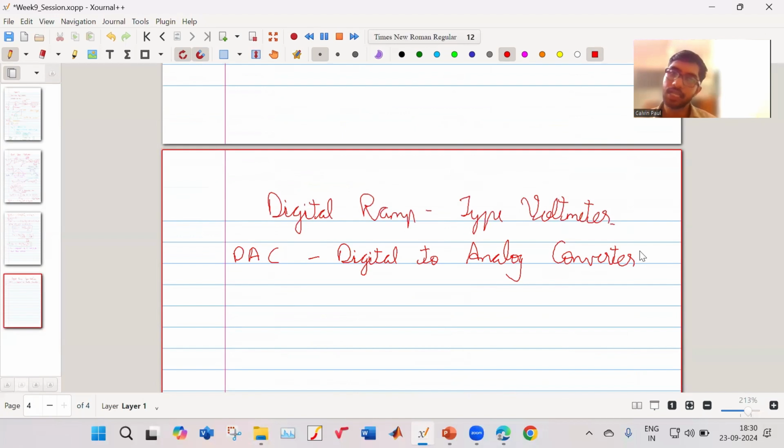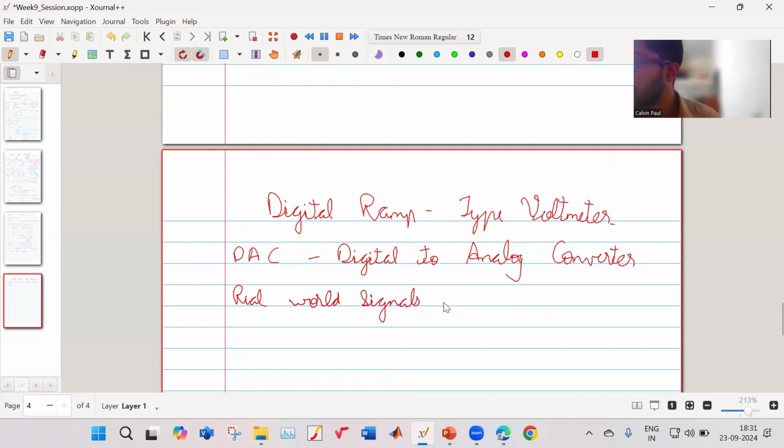Now, in real life, signals like your voice, your sound, the temperature, all these actual real world signals are analog.